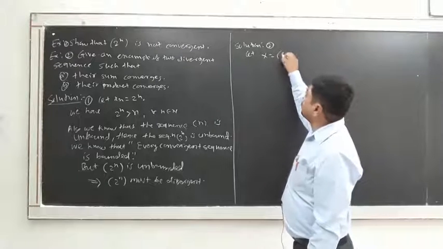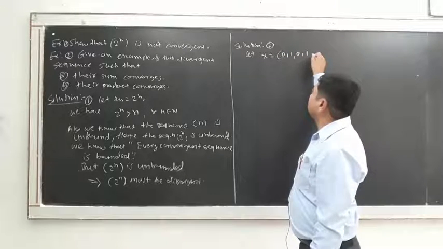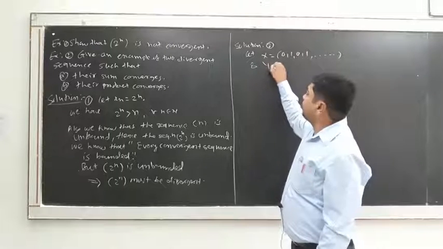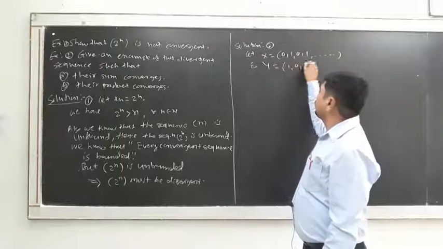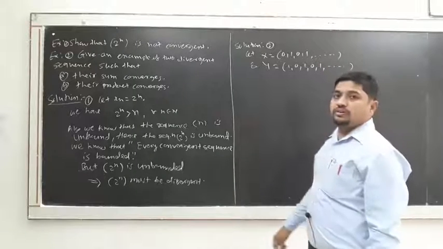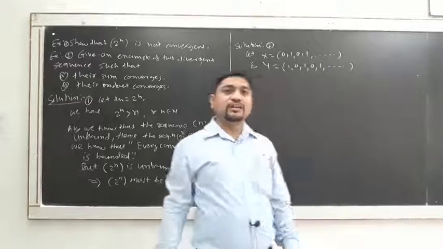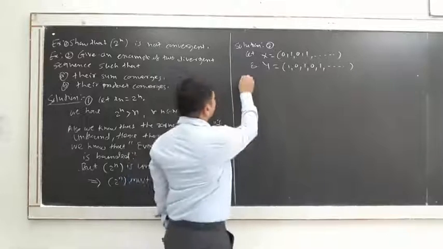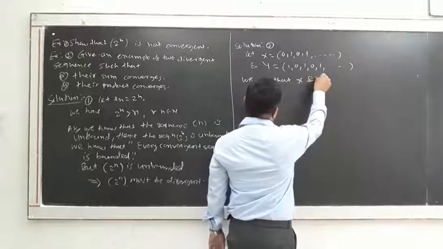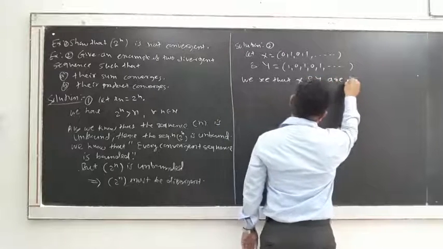Suppose x is equal to 0, 1, 0, 1 and so on, and y is equal to 1, 0, 1, 0, 1, 0 and so on. Now x and y, are they convergent or divergent? We see that x and y are divergent.